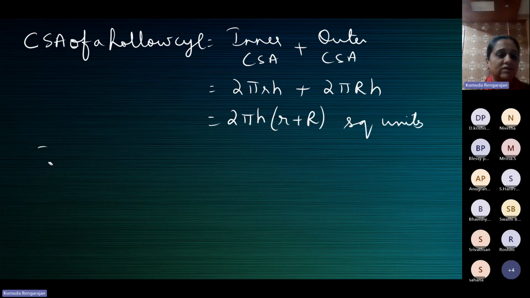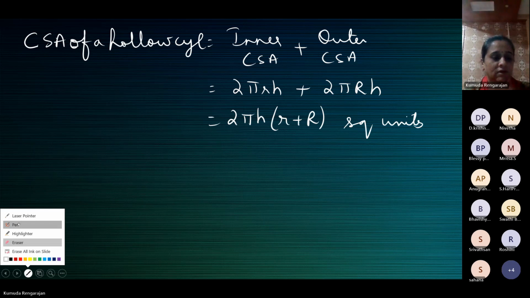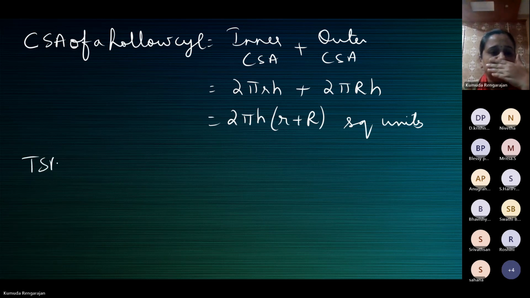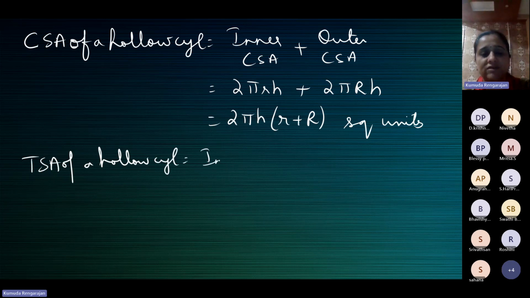And the total surface area. The total surface area of a hollow cylinder is equal to inner CSA plus outer CSA plus area of two rings.